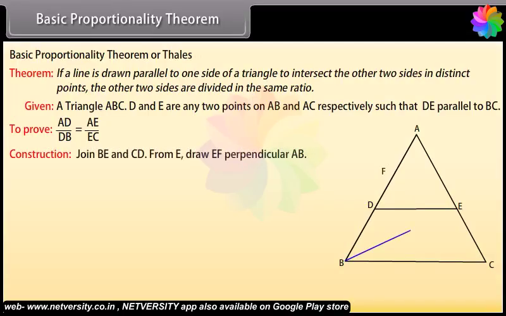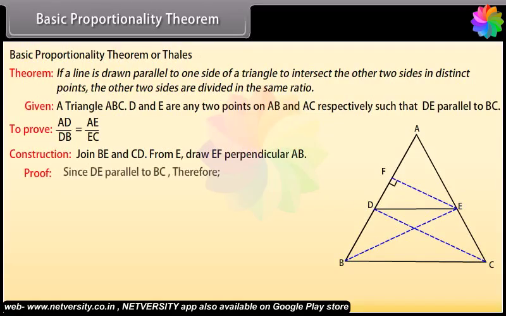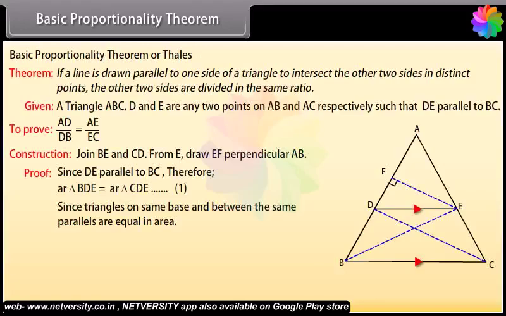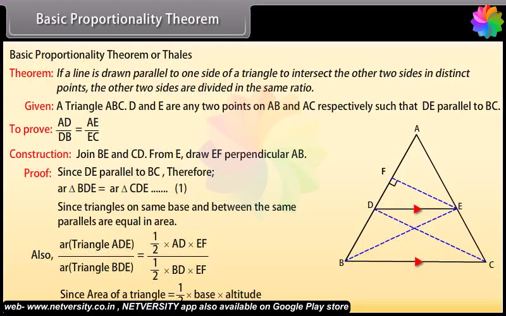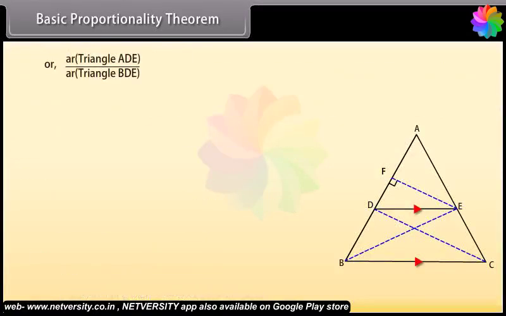Construction. Join BE and CD. From E, draw EF perpendicular to AB. Proof. Since DE is parallel to BC, the area of triangle BDE equals the area of triangle CDE. Mark it as 1. Since triangles on the same base and between the same parallels are equal in area, and since the area of a triangle is equal to 1 by 2 into base into altitude, the area of triangle ADE upon area of triangle BDE is equal to AD upon BD.